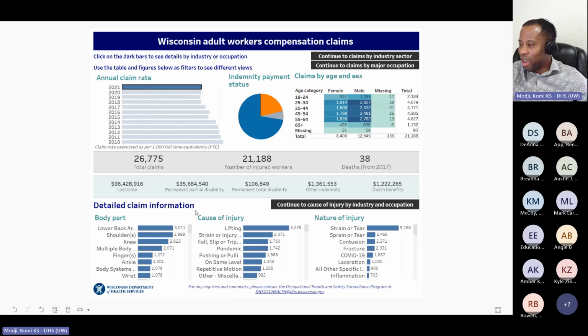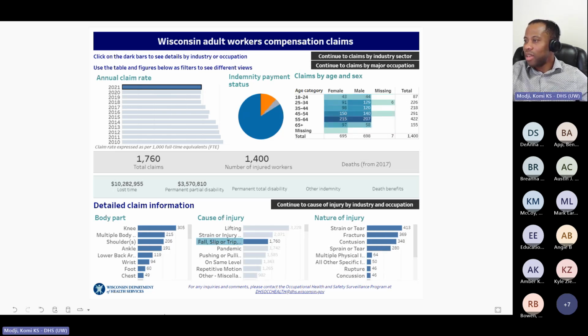Now, okay, then we have something. Let's just say fall, cause of injury, fall, slip, or trip. Let's select that injury and see how is it happening across the state. So for the year 2021, we have 1,760 fall, slip, and trip injuries reported by 1,400 workers that accounted for $10 million in terms of lost time and $3.5 million in permanent partial disability. No death has occurred in that specific year, and the body part that are affected when fall, slip, or trip happen is knee.